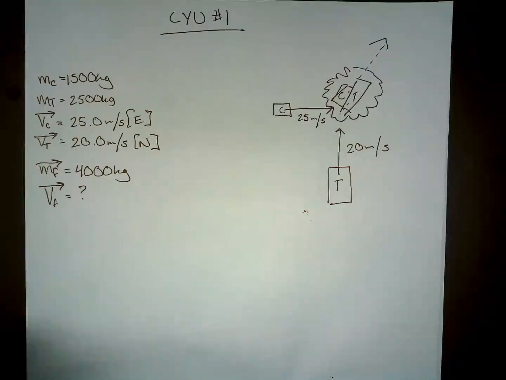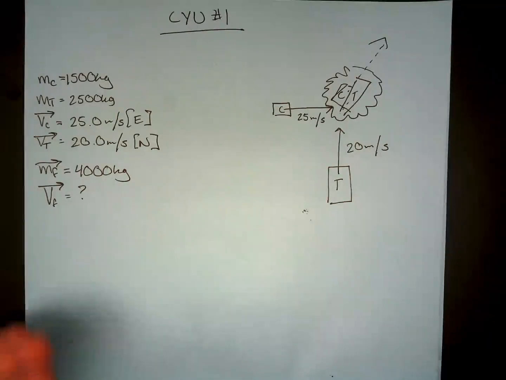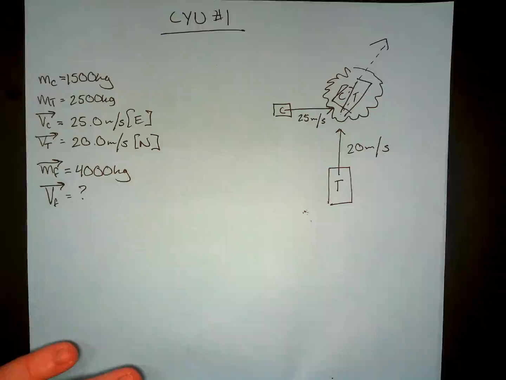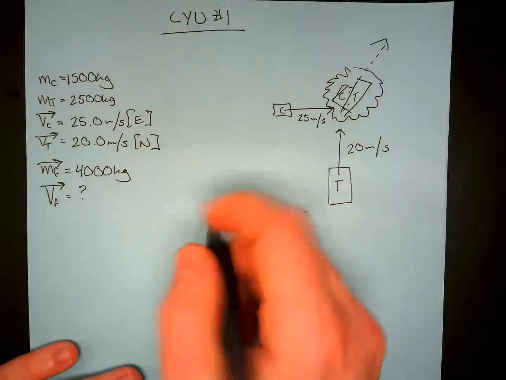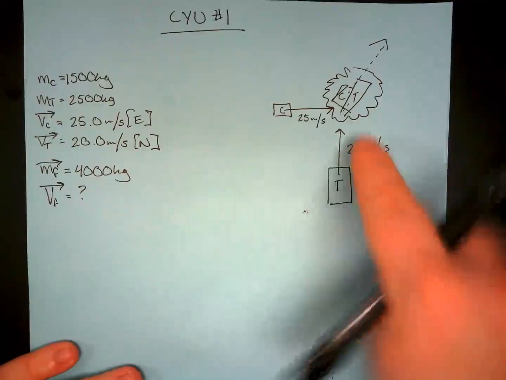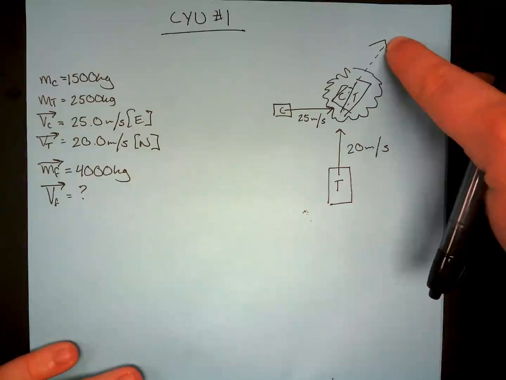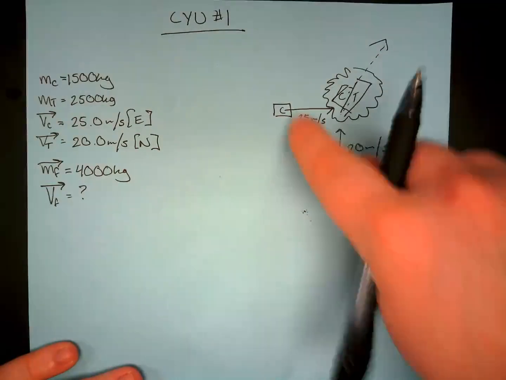The first way I'm going to show this is arguably the easiest way. It is just using Pythagorean's theorem to find the final momentum. Then from the momentum, we can divide by the combined mass in order to find the velocity at which they were moving. So let's draw it out first. Making this into a triangle, this is the final movement that we should expect out of this collision.